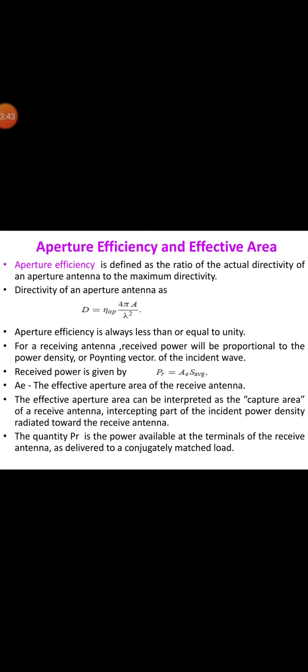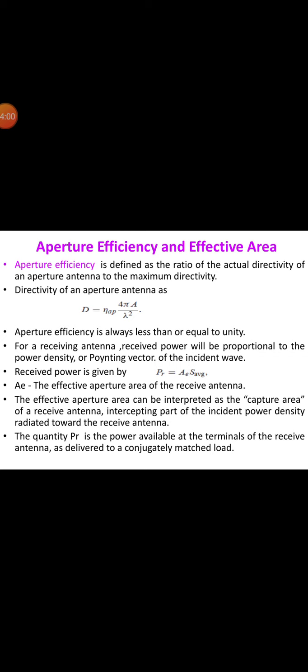Thus the aperture efficiency is defined as the ratio of the actual directivity of the aperture antenna to the maximum directivity. The directivity of an aperture antenna is given as D = ηAP · 4πA/λ².